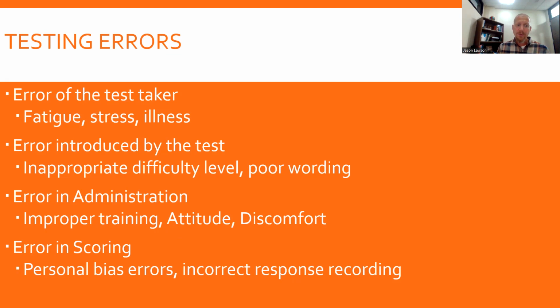Errors in scoring. So this might be personal bias errors. I've run into the case where I've reevaluated a child I've worked with for about 6 months. It's time for the reevaluation, I've gotten to know them, they have grown on my heart, I care about them, and I want them so badly to succeed.